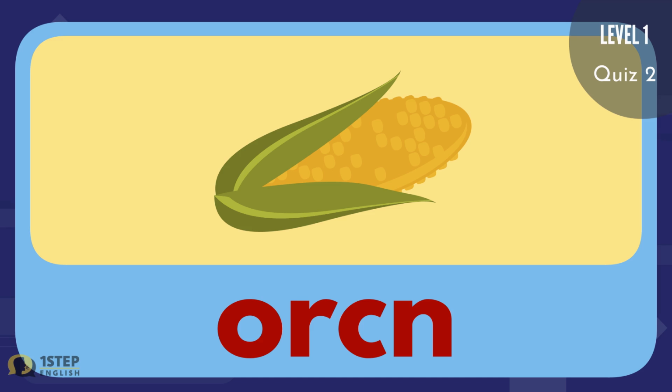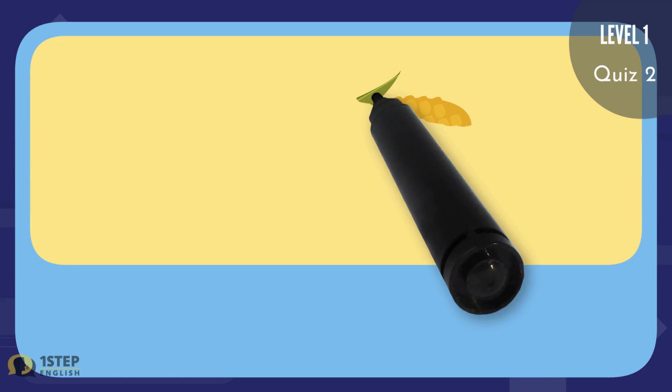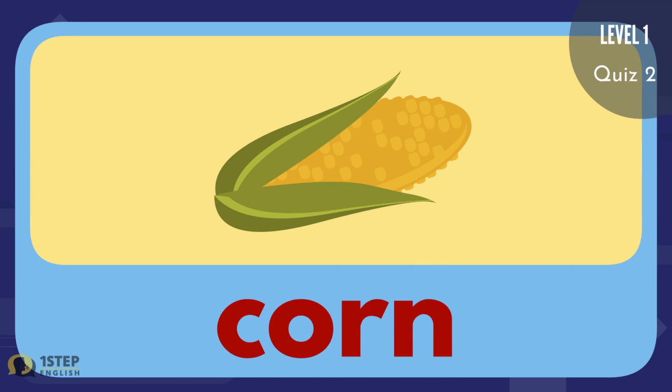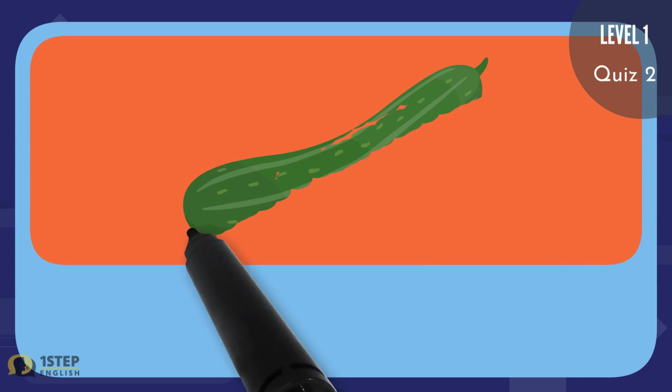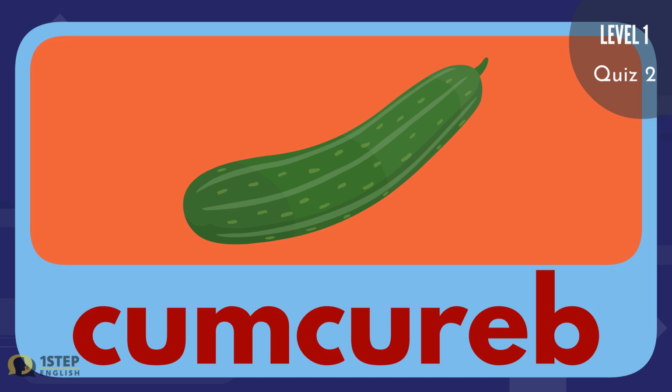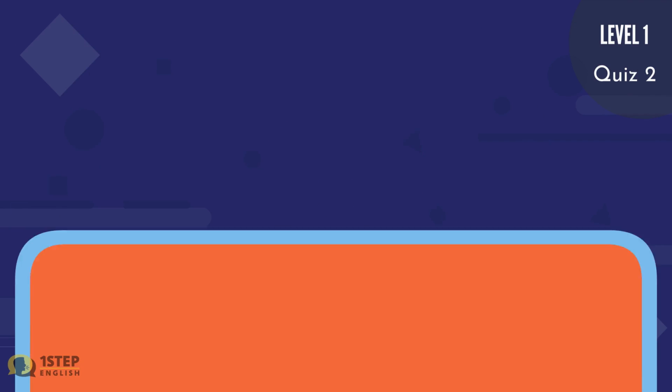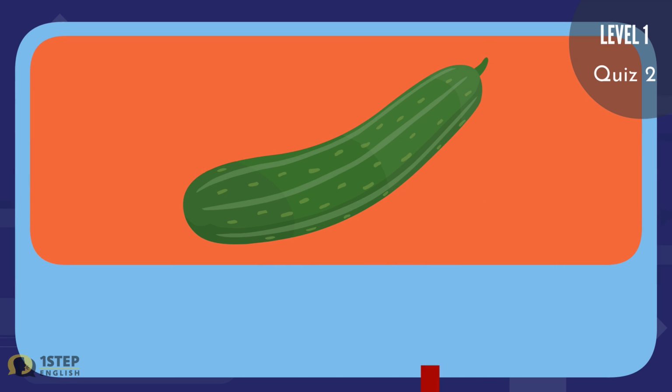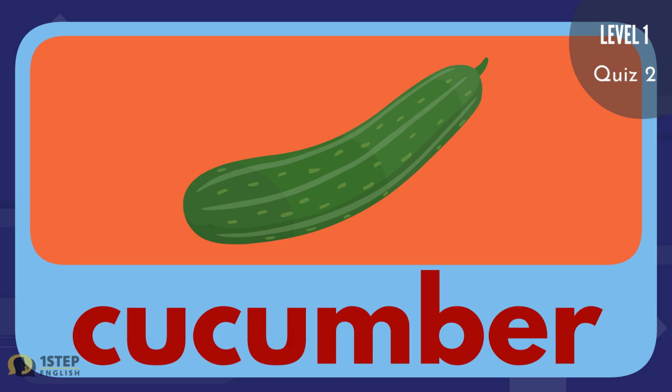O-R-C-N. The correct answer is corn. C-U-M-C-U-R-E-B. The correct answer is cucumber.